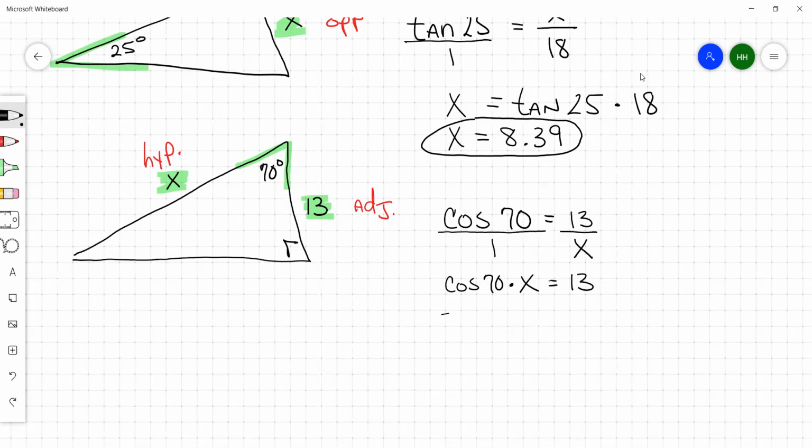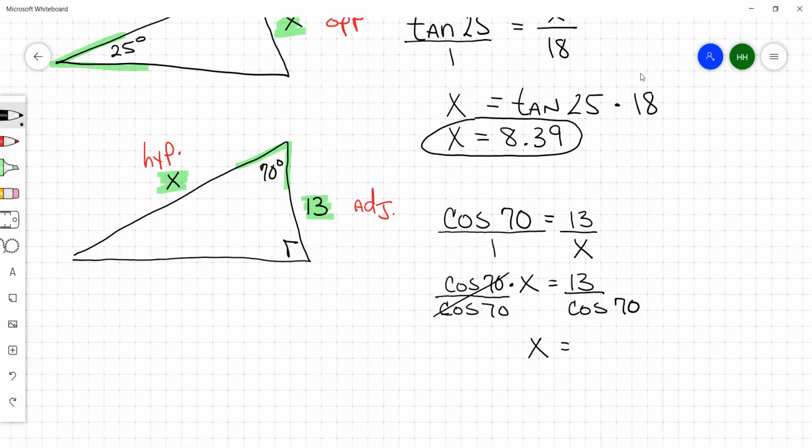In order to get this x by itself, we got to divide both sides by cosine 70. On the left-hand side, the cosine 70s cancel out. You're left with just the x. Up till now, we haven't touched the calculator on this problem, right?